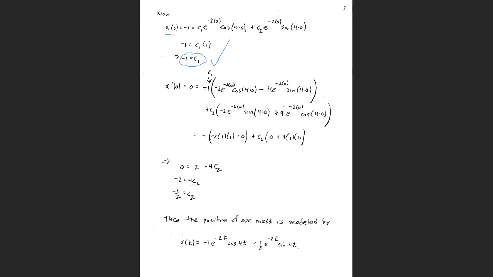And I'll use that here. Then I substitute t equals 0 in the velocity. The derivative of position is velocity. So I substitute t equals 0 in my velocity function and do the work, and based on that, I get C2 equals -0.5.